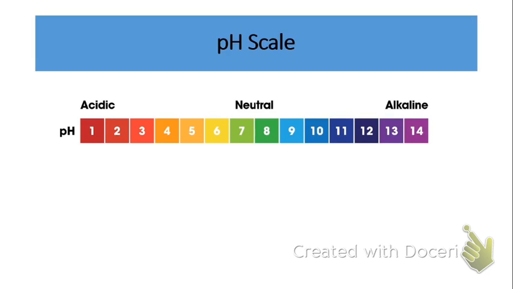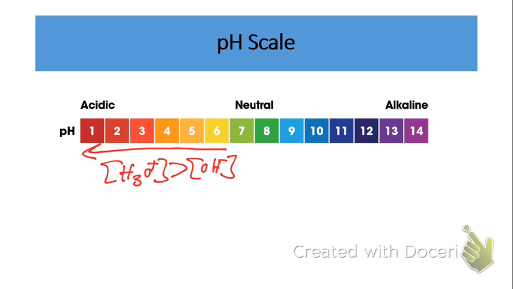Now, since we just said that the H plus concentration is inversely proportional to the pH, what we find is that at pHs below 7, the H plus concentration, or the hydronium ion concentration, is going to be greater than the OH minus concentration.